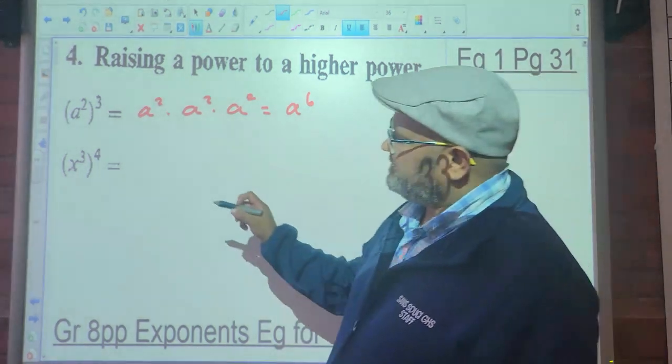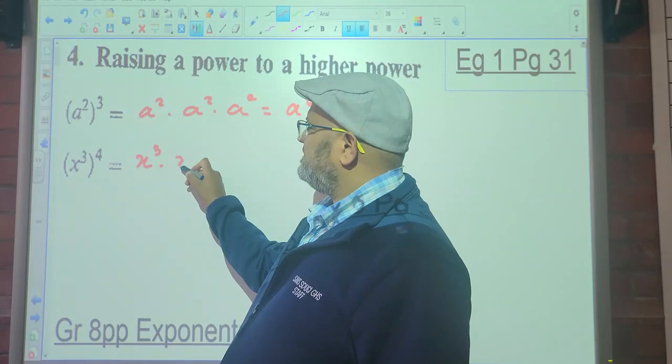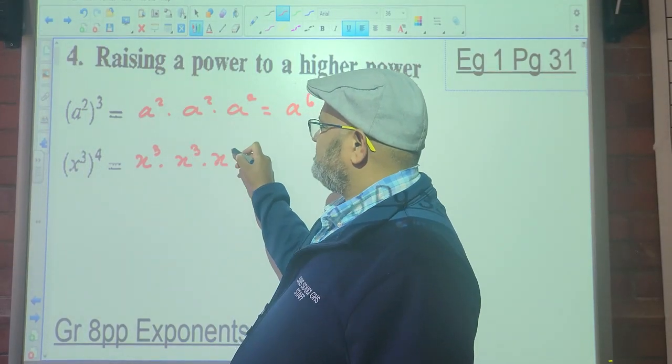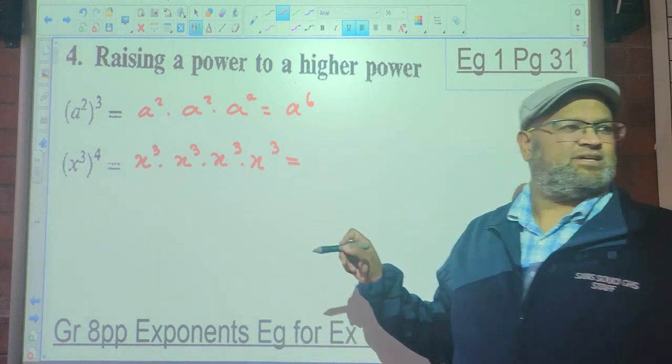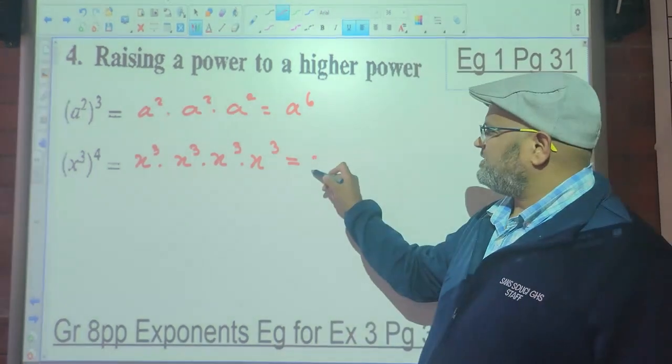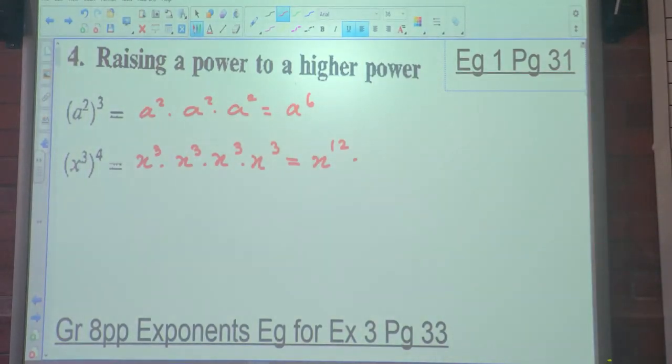What does this mean? x cubed times x cubed times x cubed times x cubed, which is the same as x to the exponent... Is there any confusion?